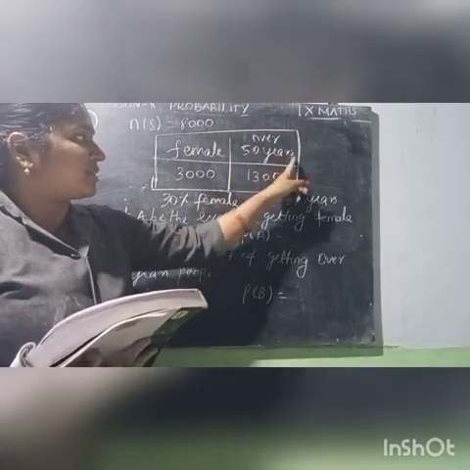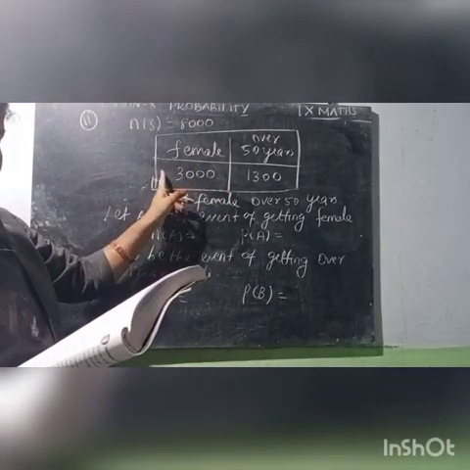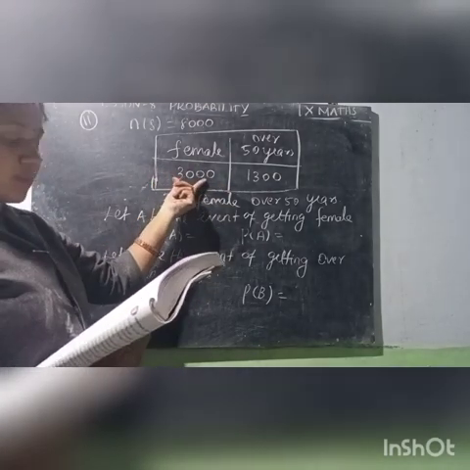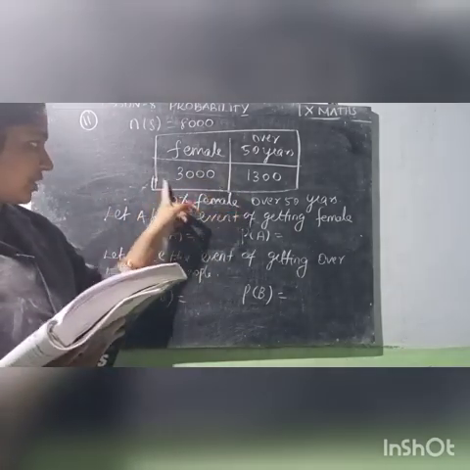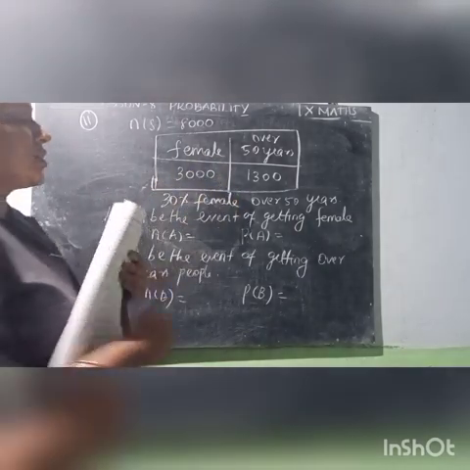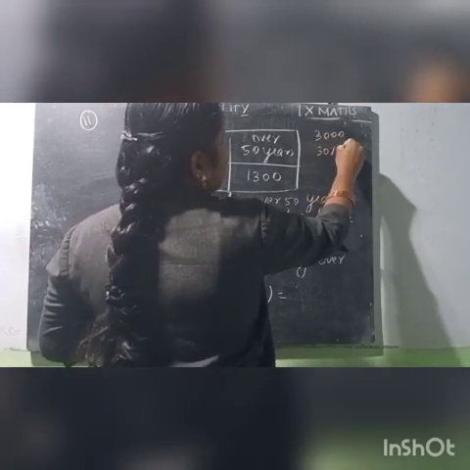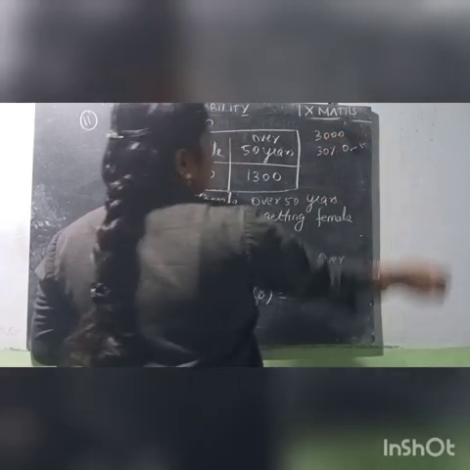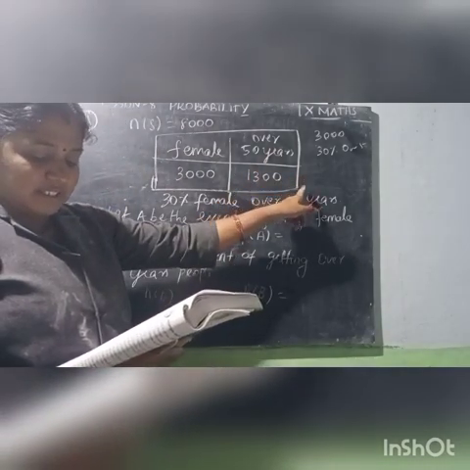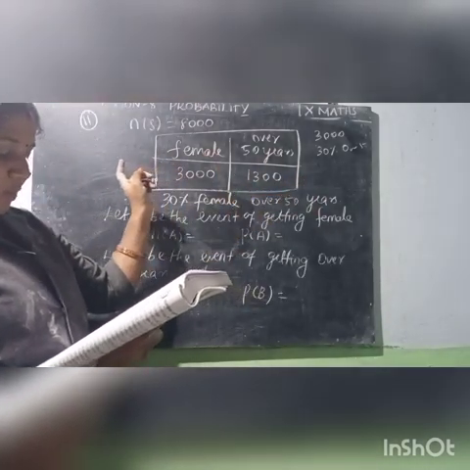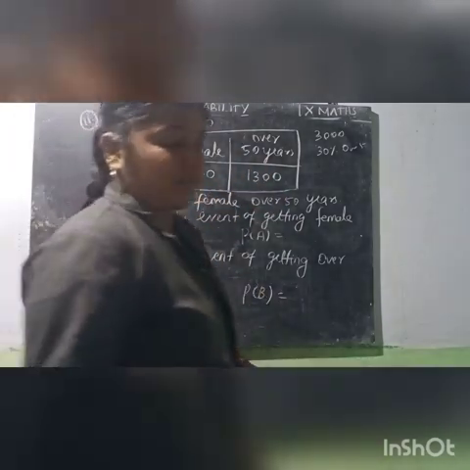So those who completed 50 years, 1,300 people. Then 3,000 are females. So totally 3,000 females are there. It's known that 30% of females are over 50 years. So in the 3,000 people, 30% completed over 50 years. So what is the probability that a chosen individual from a town is either female or over 50 years?